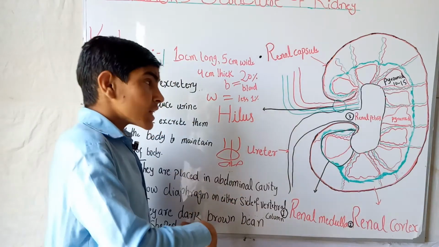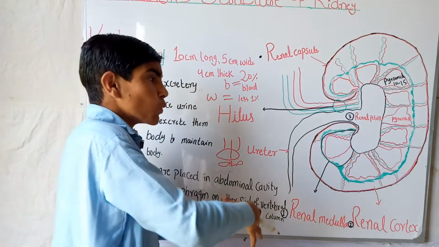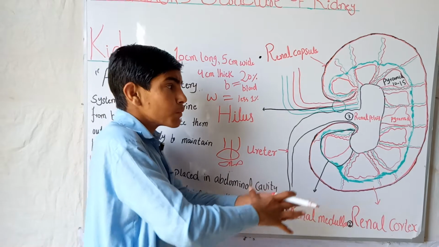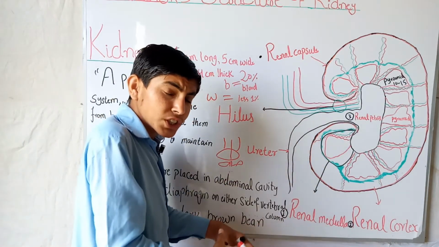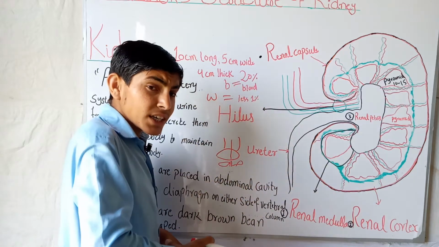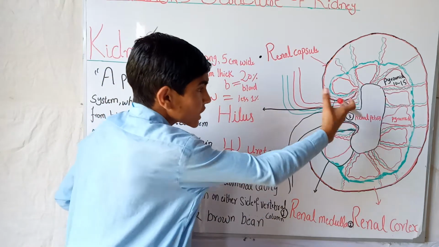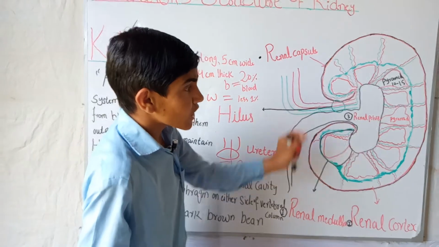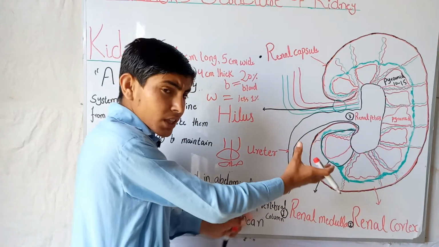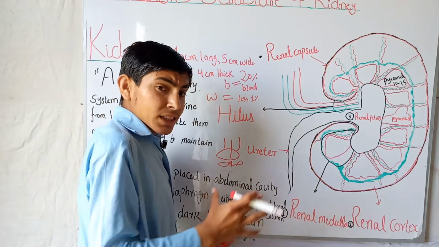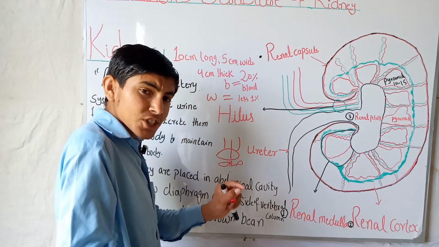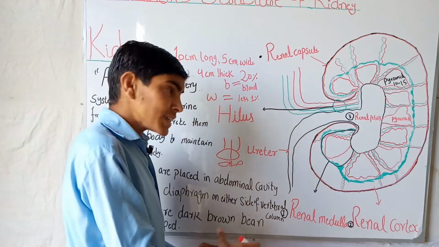Most of the function of the kidney is performed through the blood, because the blood carries toxic material from all over the body to the kidney, and then the kidney removes the wastes from the blood and excretes them. So the kidney works as a cleaner for the blood.